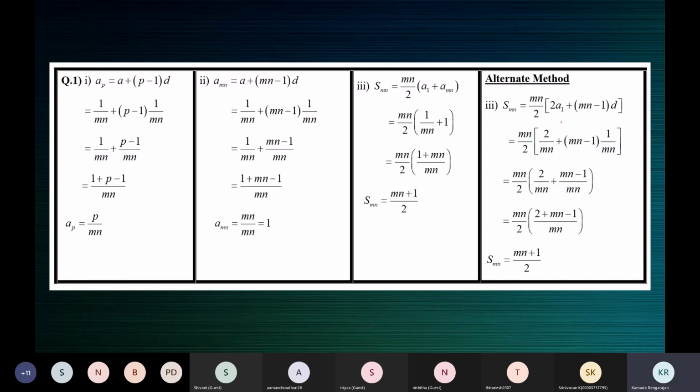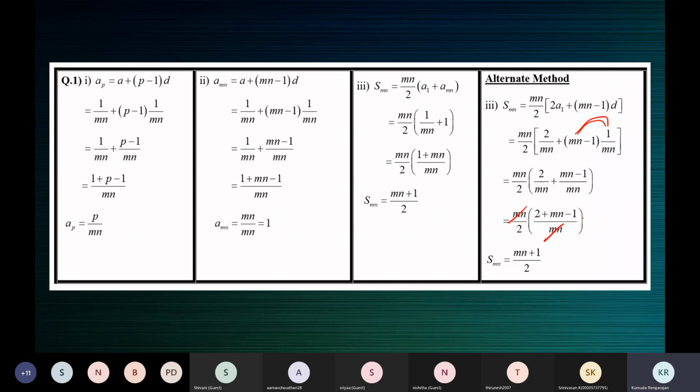mn minus 1 into 1 is mn minus 1 by mn. Now the common denominator is mn. So 2 plus mn minus 1. mn gets cancelled. 2 minus 1 is 1.